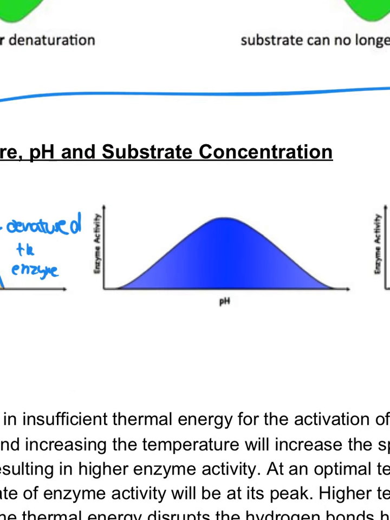Now, pH, again, very similar idea. Here's our optimum pH, okay? But as you move away from that optimum pH, the acidity changes, and that can disrupt the bonds holding the shape of that enzyme.